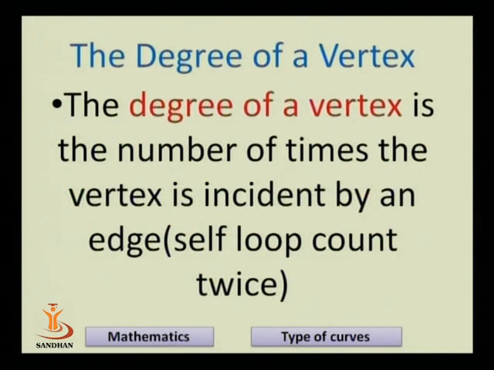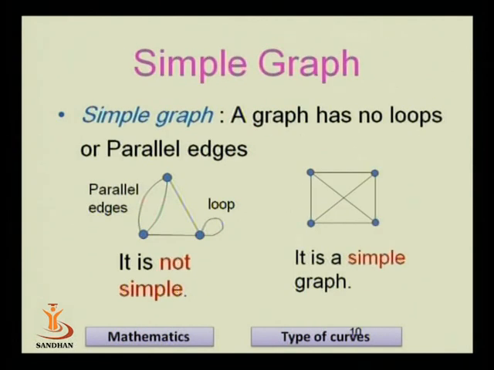Now what is the degree of a vertex? The degree of a vertex is the number of times the vertex is incident by an edge; a self loop counts twice. Here the degree of this vertex is 3 and the degree of this vertex is also 3 and the degree of this vertex is 4, because of two simple edges incident and one self loop incident.